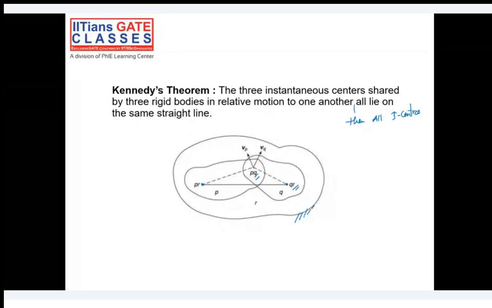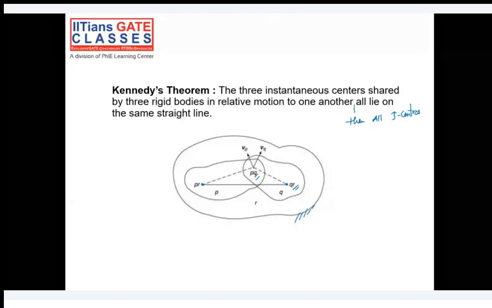Are you following? If three plane bodies have relative motion among themselves, their I center must lie on the straight line joining PR and QR. Okay, so P, Q, R are the three bodies.